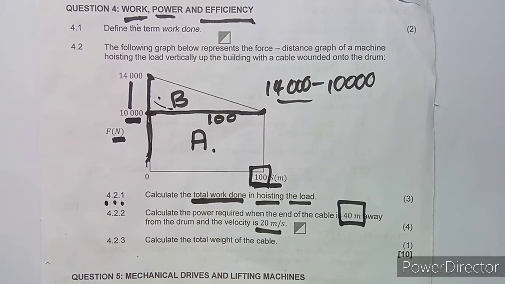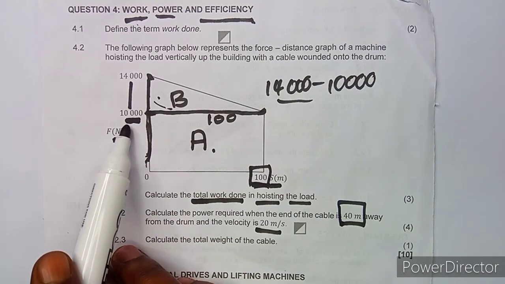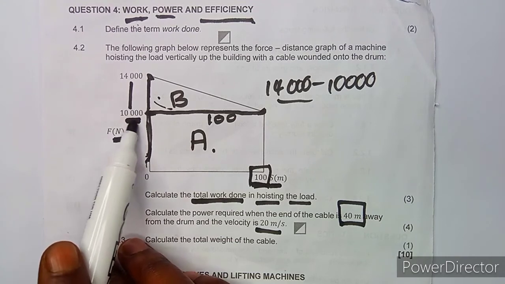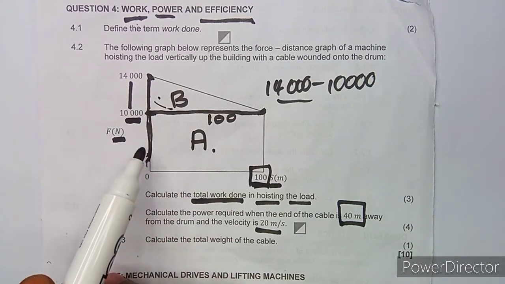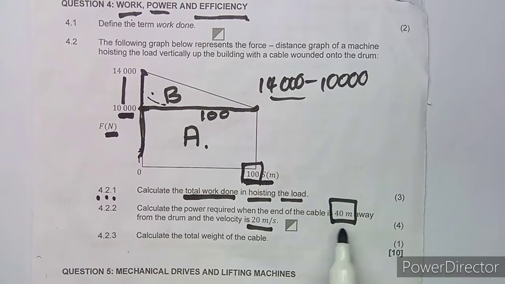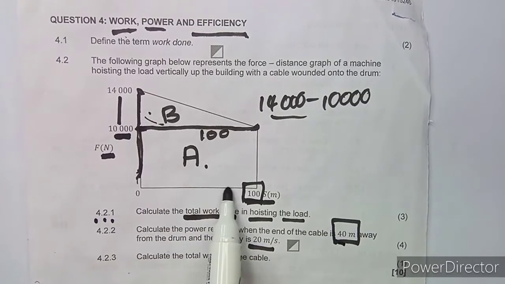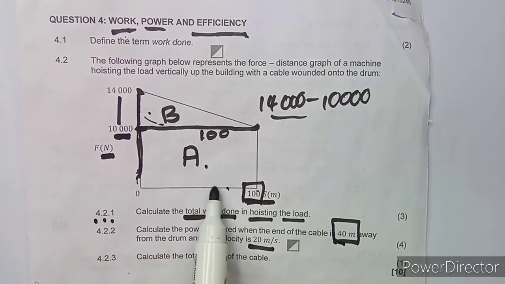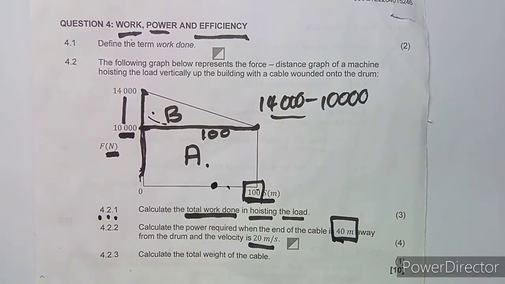If you cross-check, we have this force of 10,000, which is the reference force of 10,000. Now we are told that it is no longer at that moment. It is now affected, because it is 40 meters away.